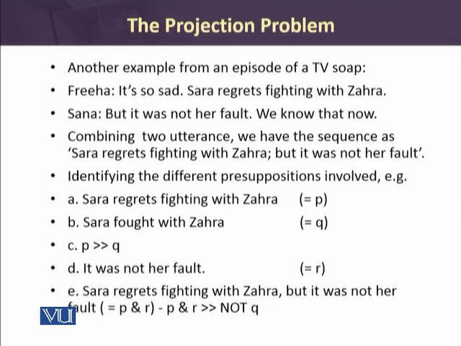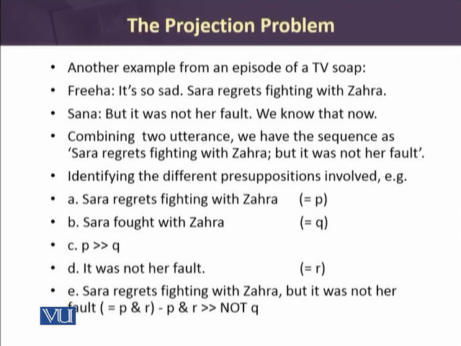Combining the two utterances, we have the sequence "Sarah regrets fighting with Zahra, but it was not her fault." We can identify the different presuppositions involved here. "Sarah regrets fighting with Zahra" presupposes Sarah fought with Zahra. She actually fought with Zahra. That means P leads to Q. You can see that on your screen.